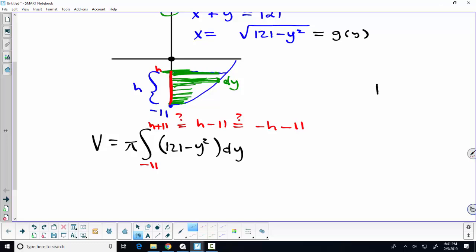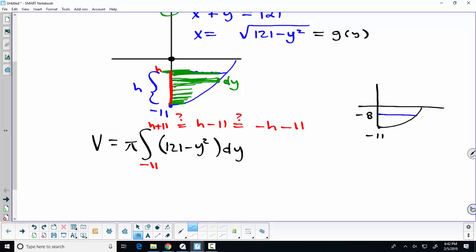So if that's negative 11 and I filled the water up to, let's say, negative 8, it's negative, right, this is negative 3 because we're below the axis.